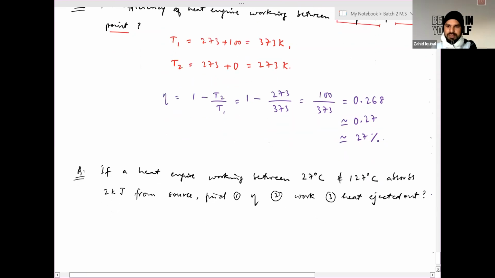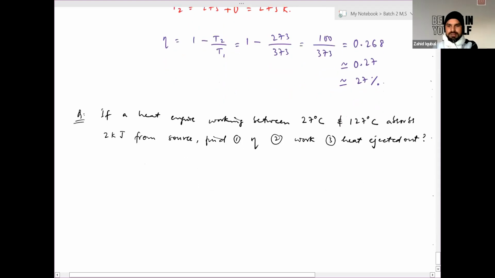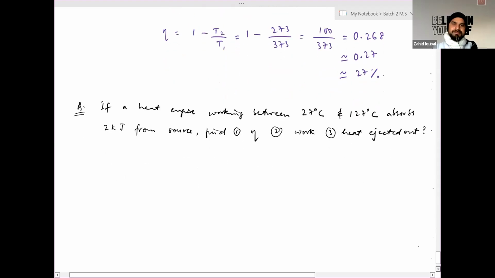First, convert temperature into Kelvin, then try to find efficiency and the rest of the part.